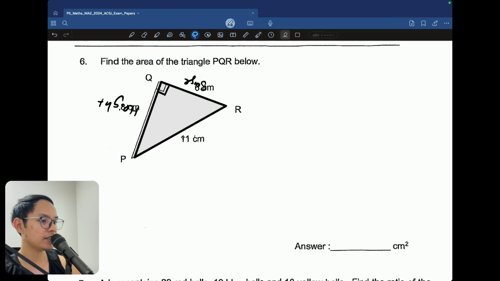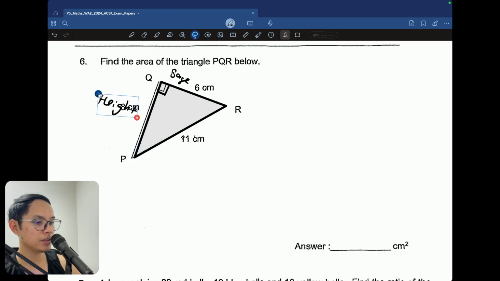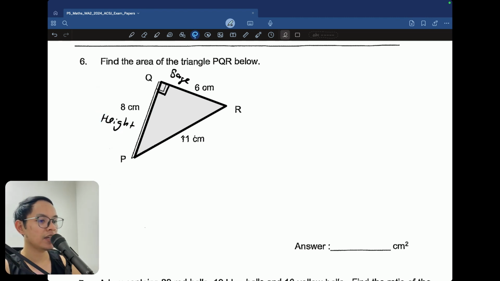So you can see that the base is this QR over here, and the height is also here. Usually what I tell is, when you see this perpendicular line, the lines that are connected to the perpendicular line are the height and base.